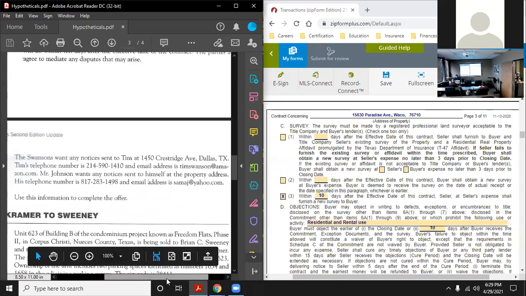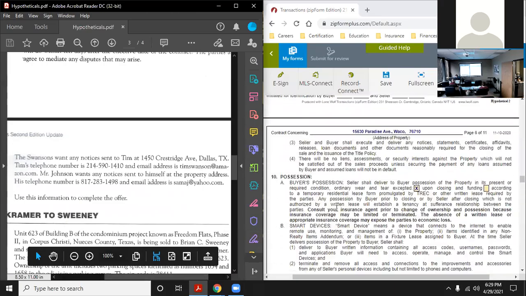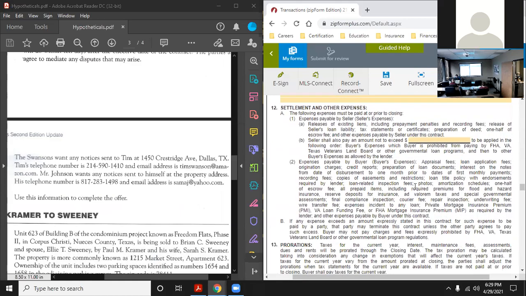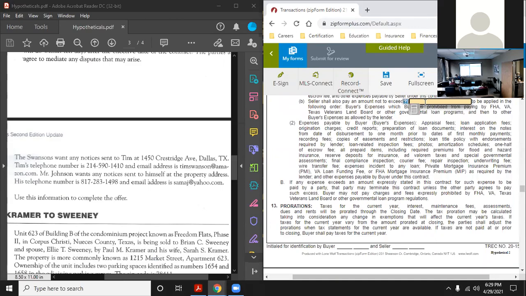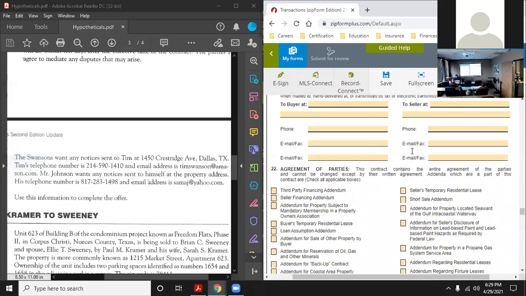And then the Swansons want any notices to go to Tim. So here, there'd be nothing here. Not me. There's nothing coming back to them, or at least it says there's nothing coming back to them. And then here, it's basically saying that the Swansons want stuff to go to, I don't remember who's buying, who's selling.